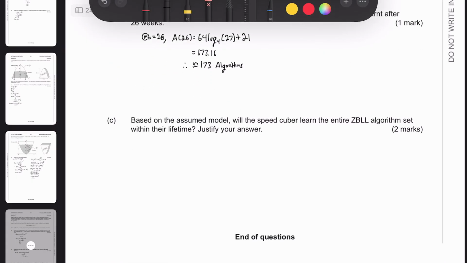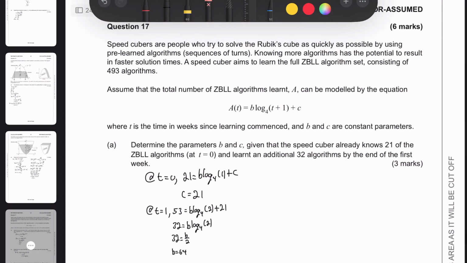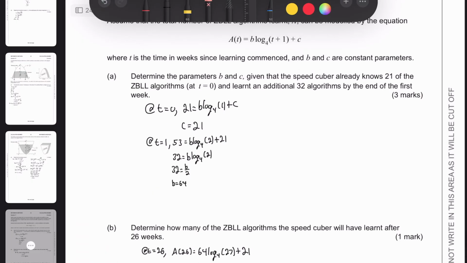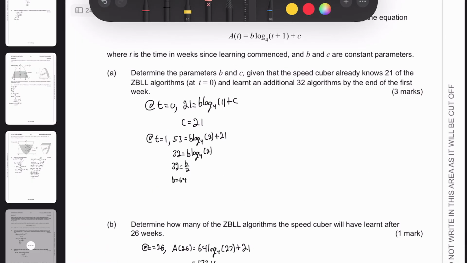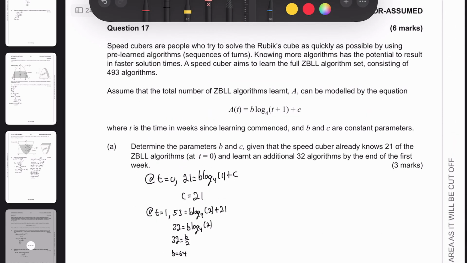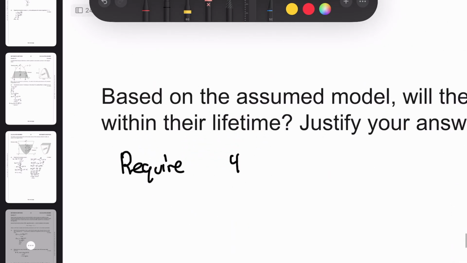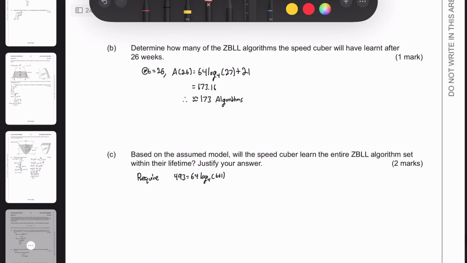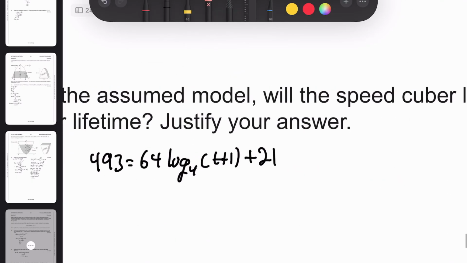Based on the assumed model, is it possible to learn the entire ZBLL algorithm set within a lifetime? So then we require the time in weeks, and that was 493 equals 64 log 4 of t plus 1. Oh wait, oh yeah, okay, plus 21.